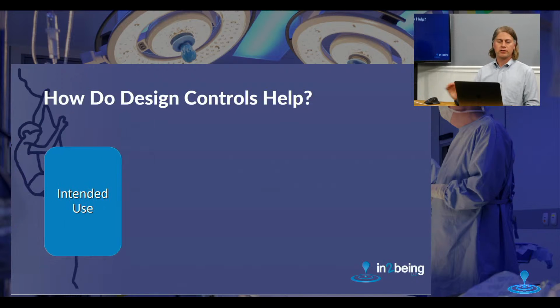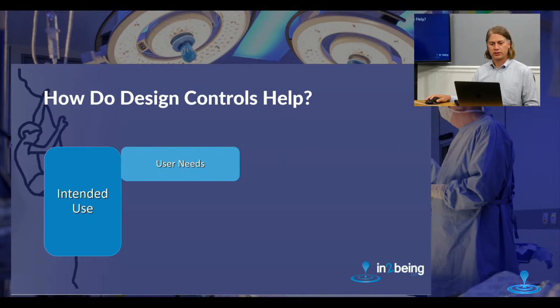Also, just a refresher on design controls. If you look at the early stages of design controls, the intended use of the product drives so much. The user needs of the product drive so much of downstream development.